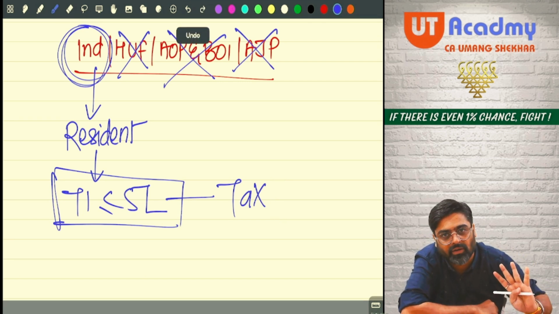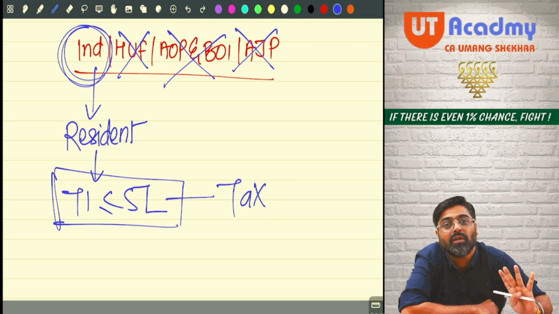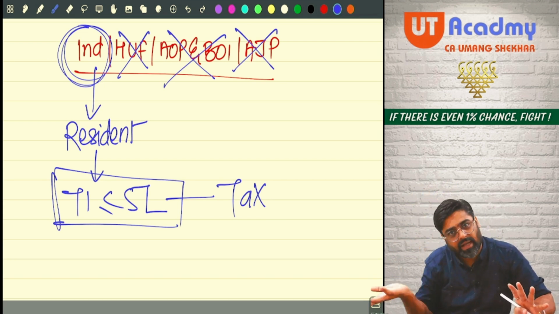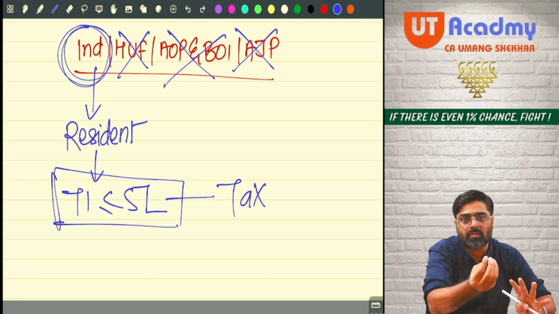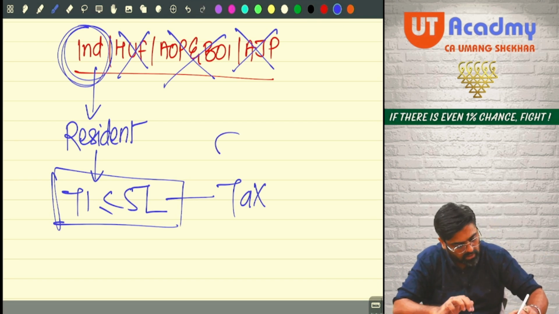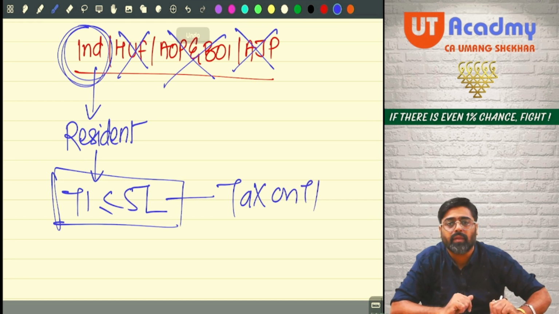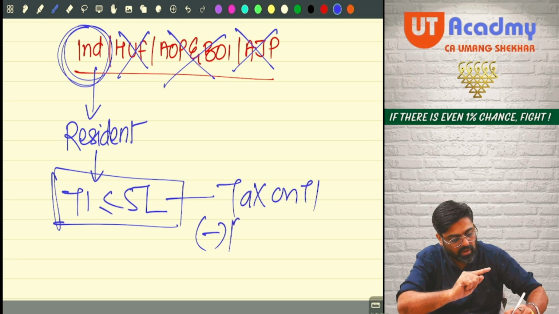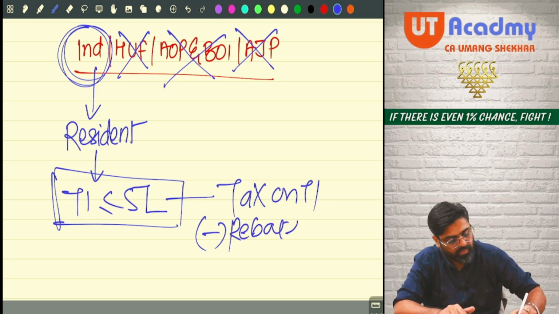Both the taxes taken together, yes or no? In your total income, special rate tax, normal rate tax, total tax I am talking about, tax on total income. From that tax on total income, we are going to give you what? Rebate under section 87A.